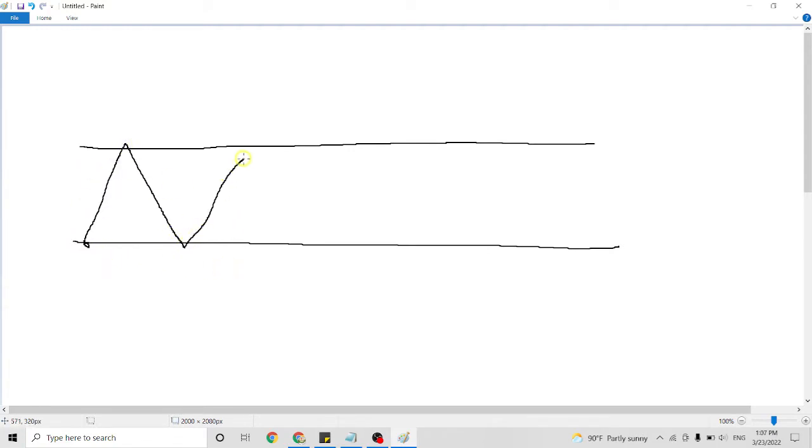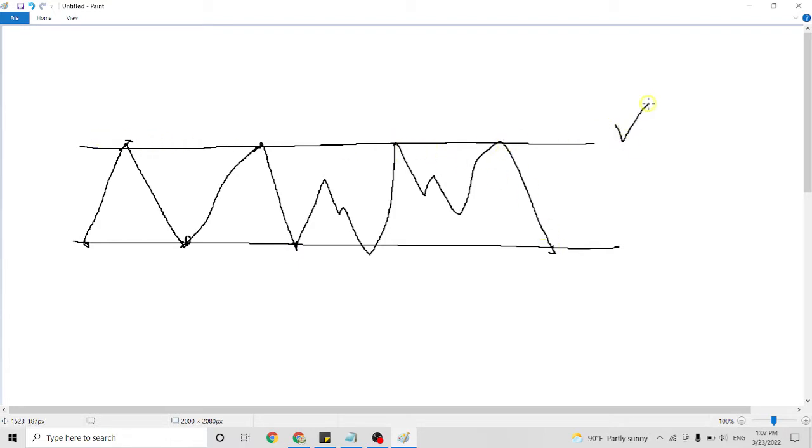Okay, resistance. So this is checkpoint, this is support. Resistance, support. So this line has a twin line because it is the same line. This is twin line in sideway.